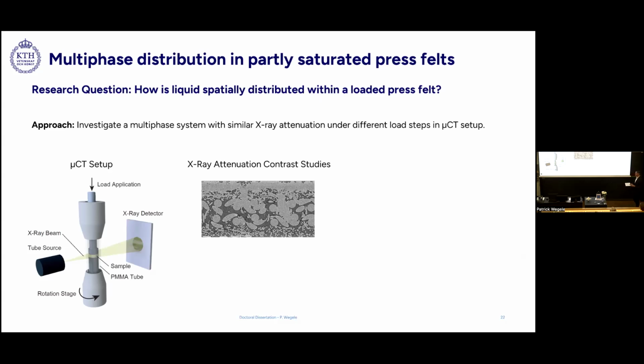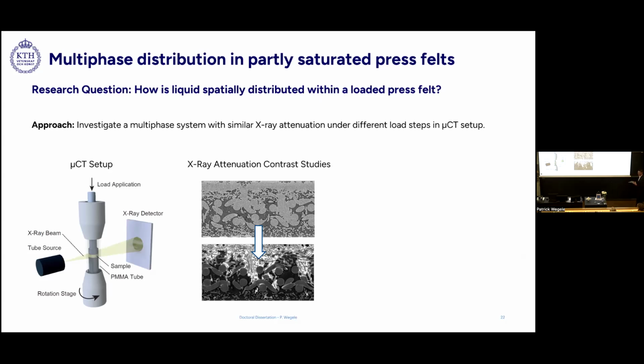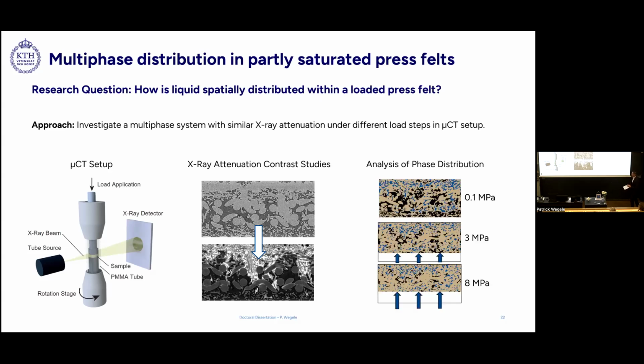To overcome this issue, we found a nice way of staining the water with potassium iodide, which increases the X-ray attenuation coefficient and therefore allows us to distinguish between fibers, the liquid, and the air, so the multi-phase system in a 3D spatial domain. Using this method, we could then investigate the phase distribution in the press felt at partly saturated states at different load situations.